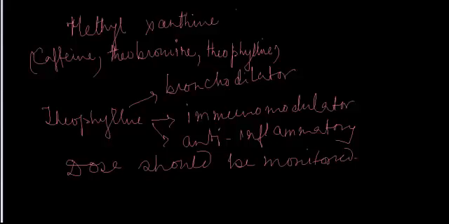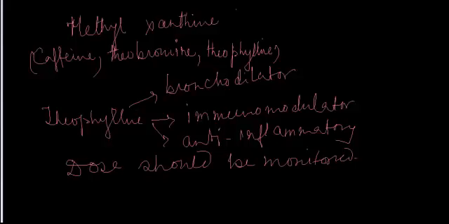Another important group of medicines used in the treatment of asthma is methylxanthine. Drugs in this group are quite common: caffeine, theobromine, theophylline. These are the drugs that are used in the treatment of asthma. Of this, theophylline used to be very popular once.